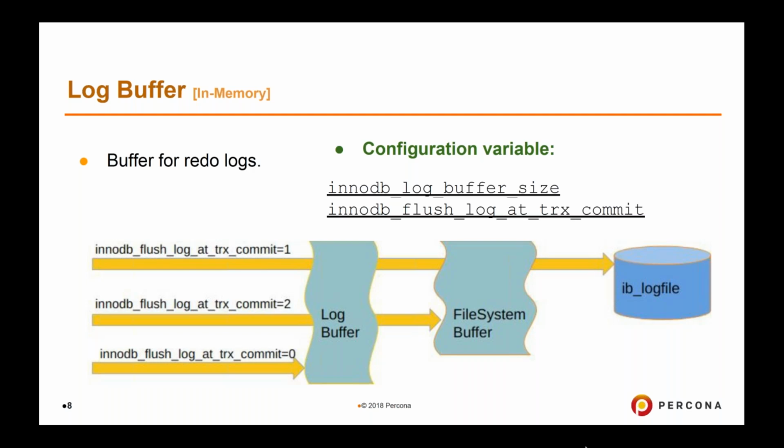Okay, so this is the last part in memory we are going to discuss: the log buffer. Whenever I am doing any transaction, inserting or updating something, it is very inefficient to write everything in real time to disk. So we need to keep some data in memory for some time.